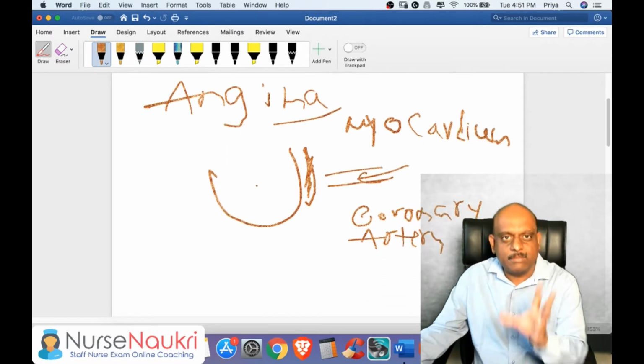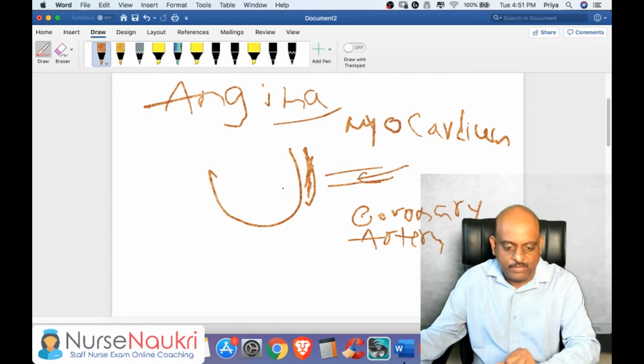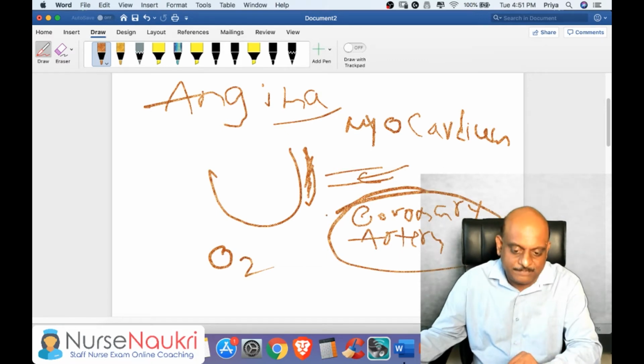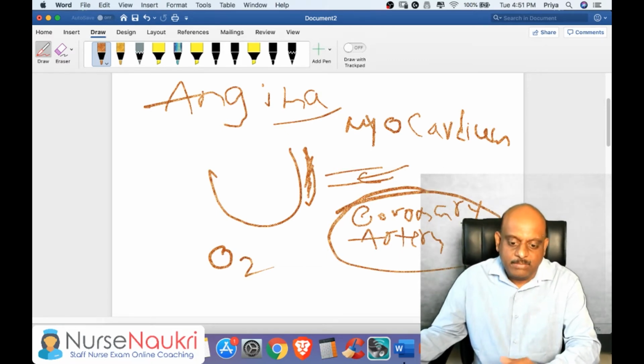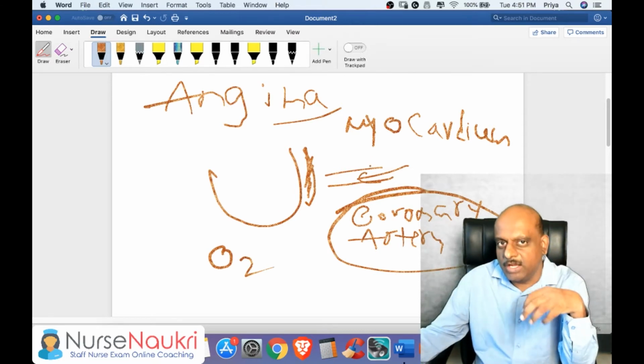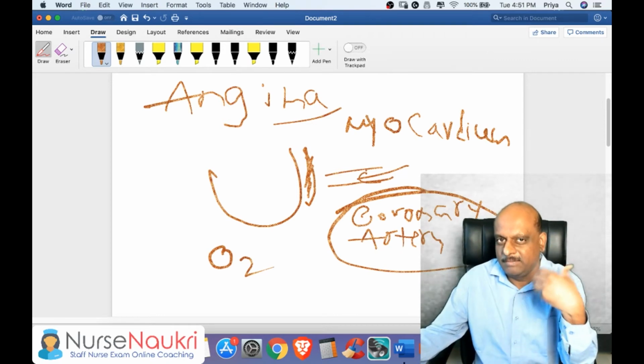So the muscle is working. When it is working, it requires oxygen. And how does the oxygen come? The coronary artery brings the oxygen. The blood in the coronary artery brings the oxygen. Suppose the person is having a lot of lipid, fat, in his blood.